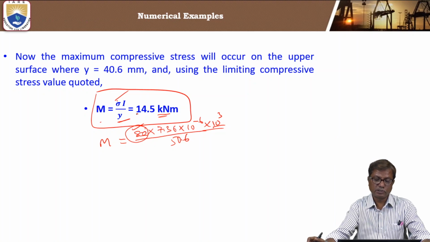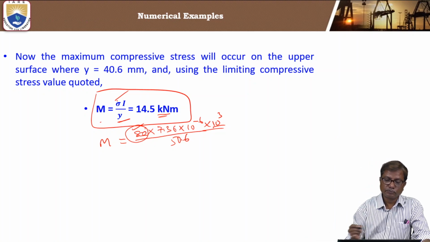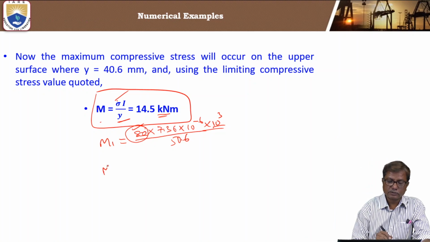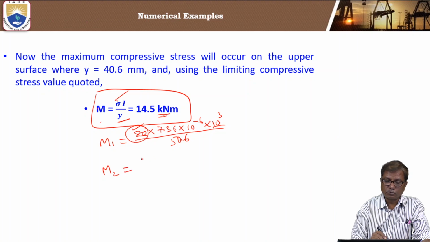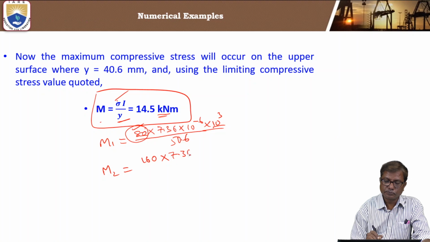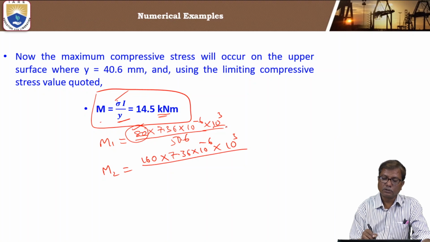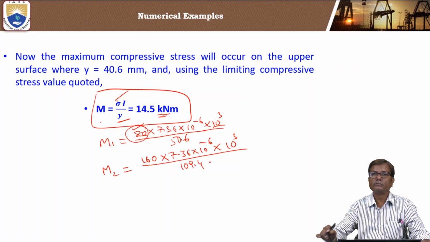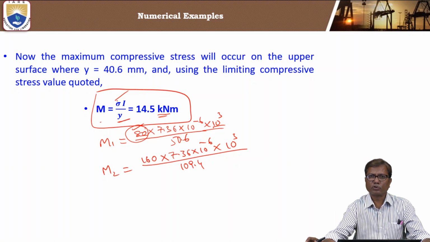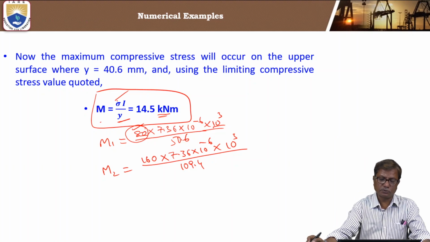Distance of topmost fiber is 50.6. So you'll get this, and M2 is 160 into I, converting again 160 into kilonewtons, and the bottom fiber distance YB is 109.4.